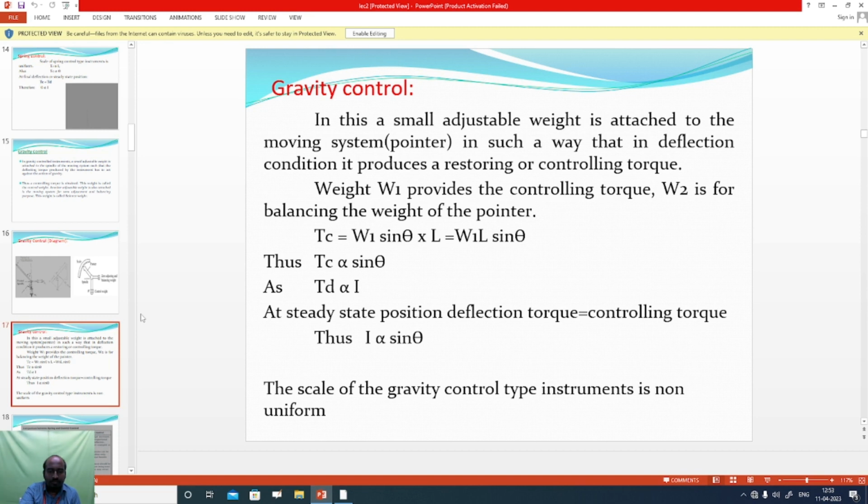So the angle of deflection sin theta is proportional to the controlling torque, while the input current I is proportional to the deflecting torque Td. At the steady state position, deflecting torque is equal to the controlling torque, so I is proportional to sin theta.